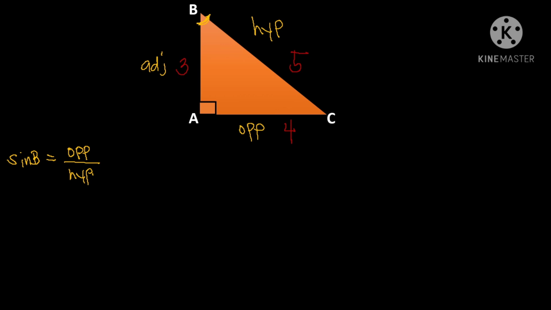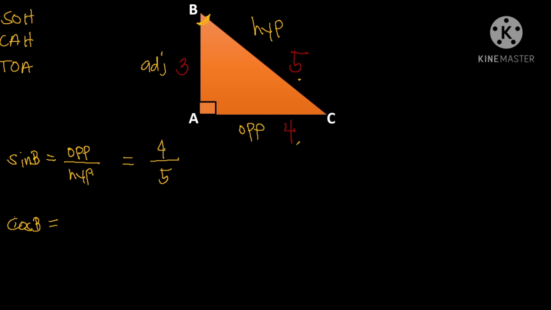So, ang sin B natin is equal to, ano ba yung opposite natin kung ang reference angle natin ay B? So, ang sin B natin ay opposite, which is 4, over hypotenuse. Ang hypotenuse natin ay 5. Now, the cosine B. Cosine B ay, ilagay ko dito yung SOH CAH TOA.